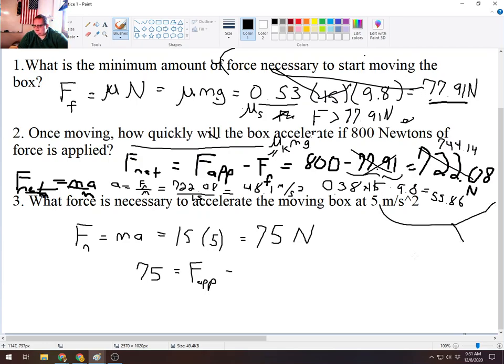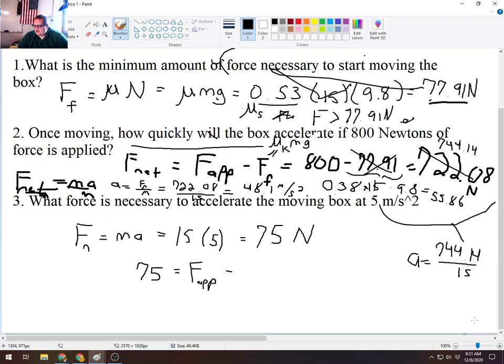Final answer here for the acceleration should be 744.14 divided by the mass, which was still 15. So that would be 744.14 divided by the mass of 15.